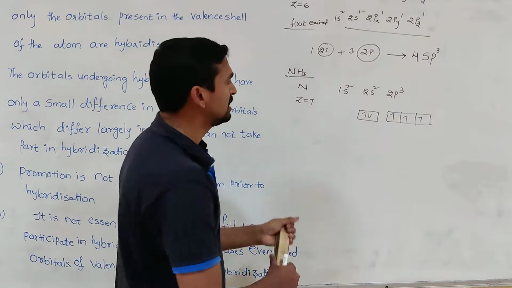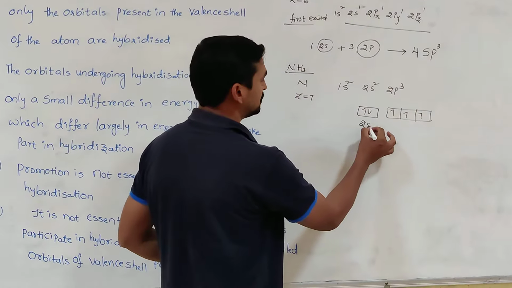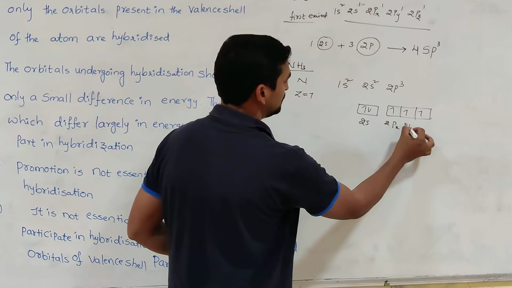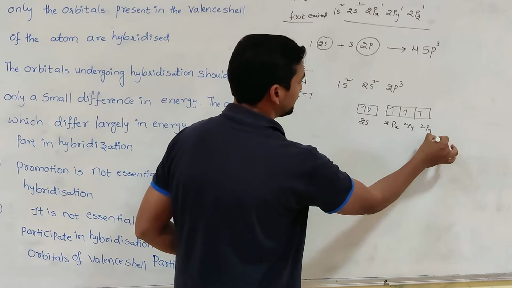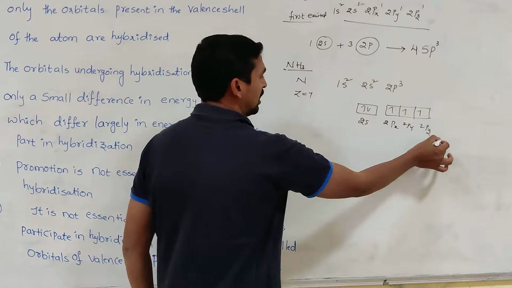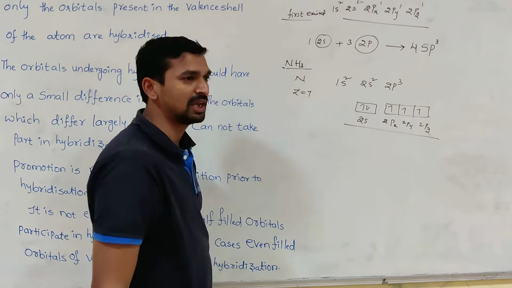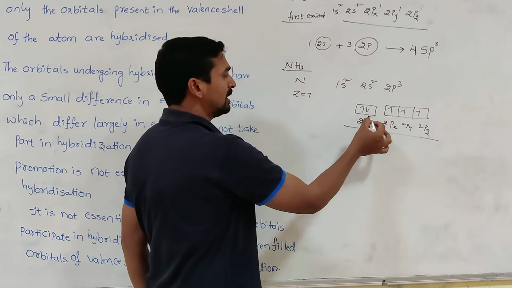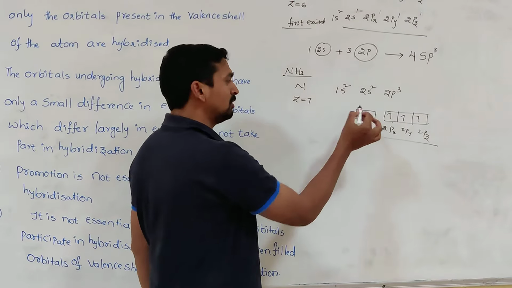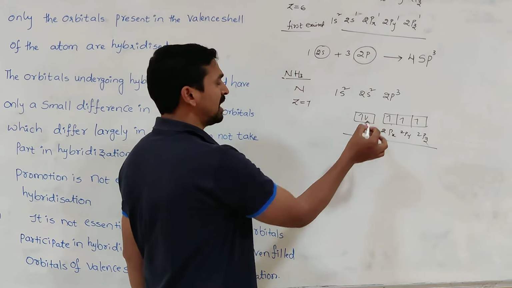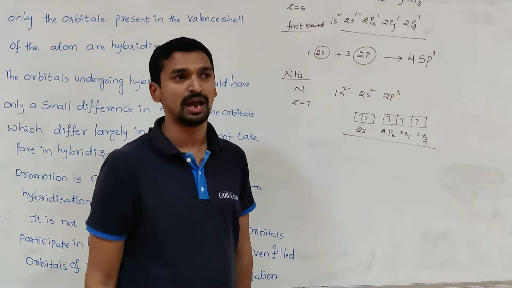See here in the case, what are the orbitals present? 2s, 2px, 2py and 2pz. Out of these 4 orbitals present in the valency shell, 3 are half-filled, 1 is full-filled. Even though it is full-filled, because of its presence in the valency shell, it is also involved in the hybridization.